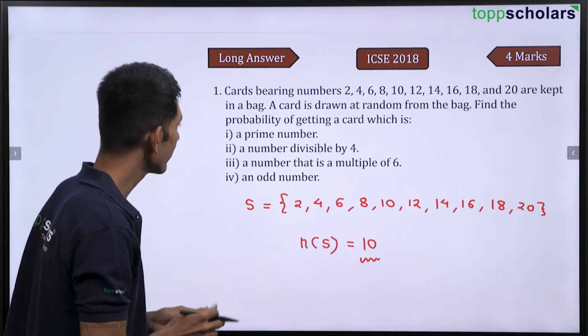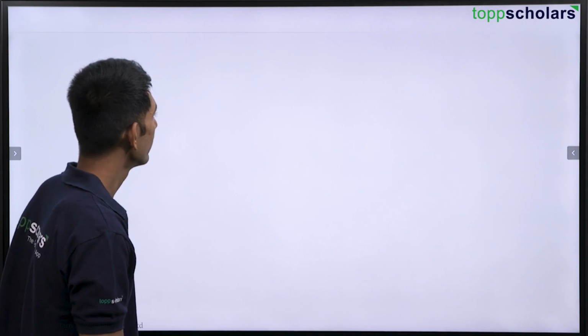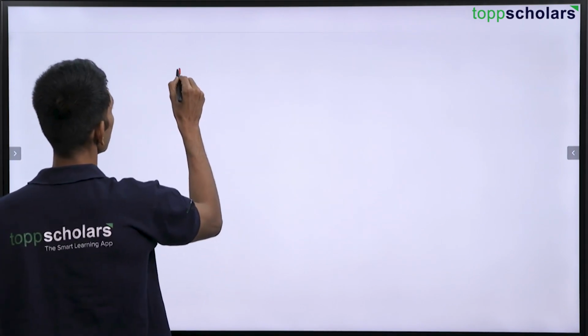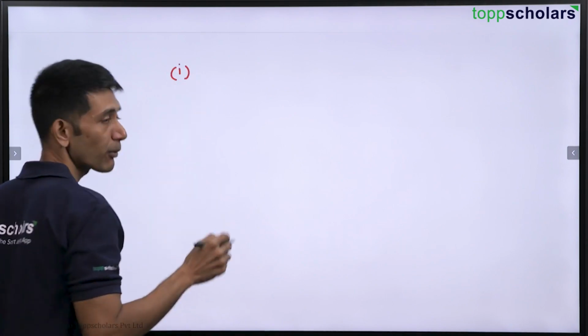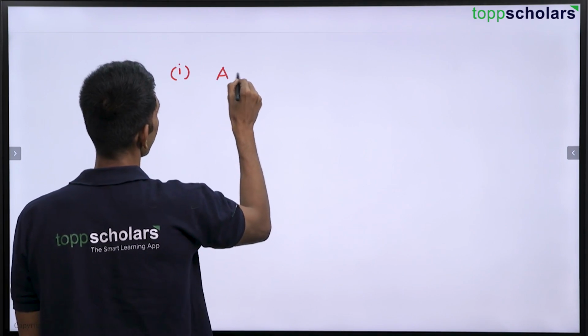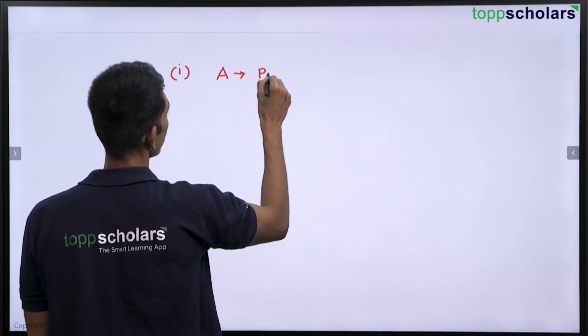Now let's focus on the first part: the probability of getting a prime number. Let A be an event of getting a prime number.